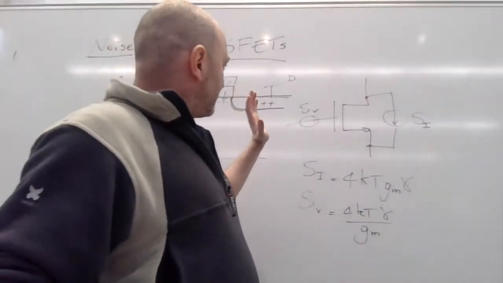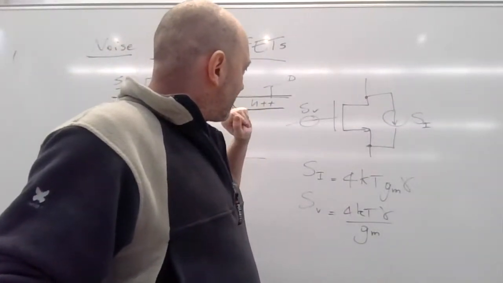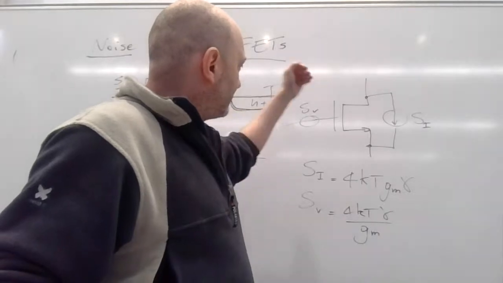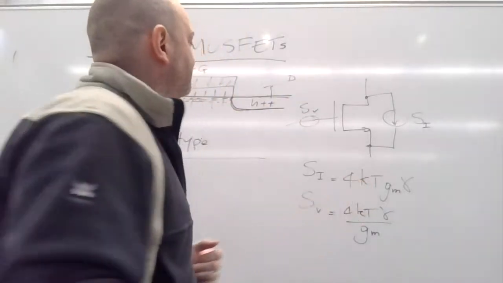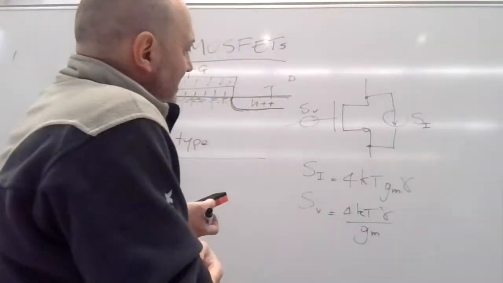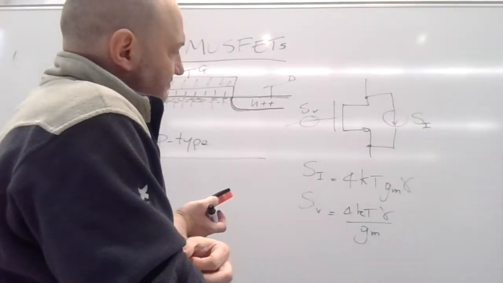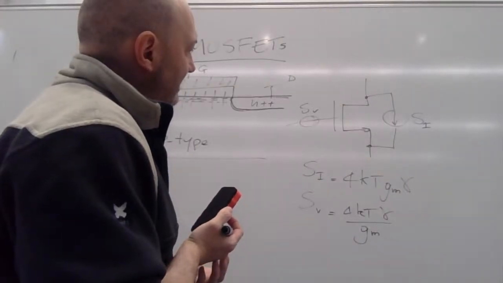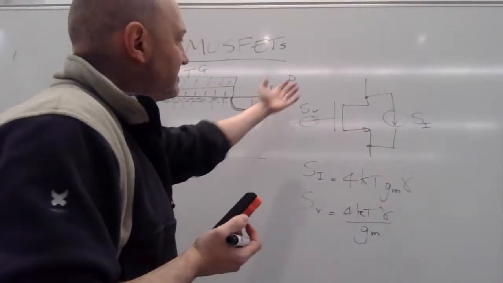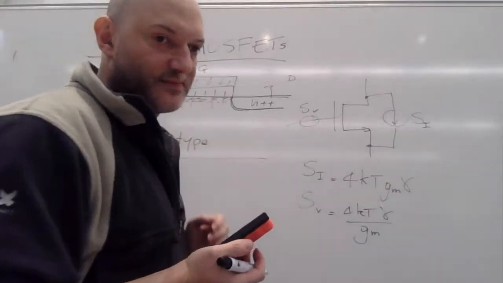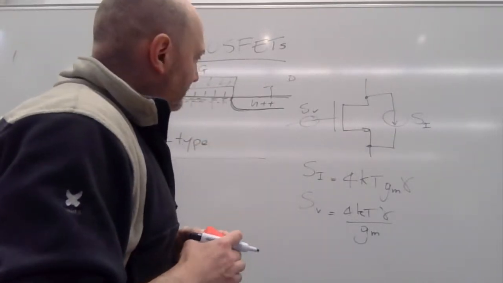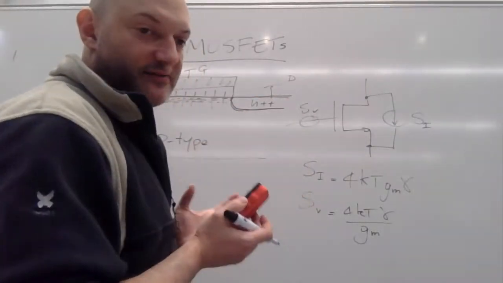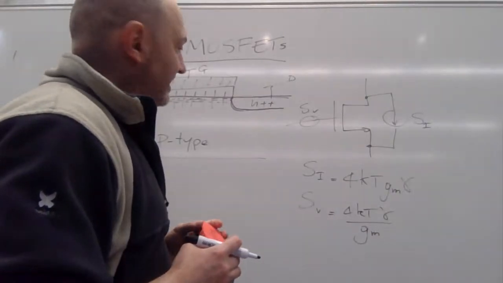So we've seen how we can account for the noise in a MOSFET. What are we going to do with it? Well, the easiest thing is to see how we can use these current sources or voltage sources to build an overall noise model of a circuit.